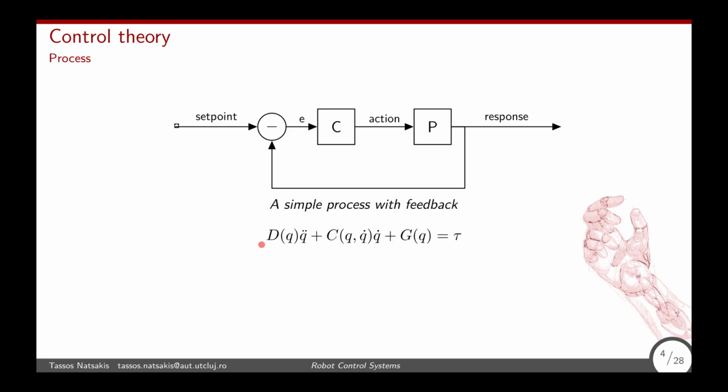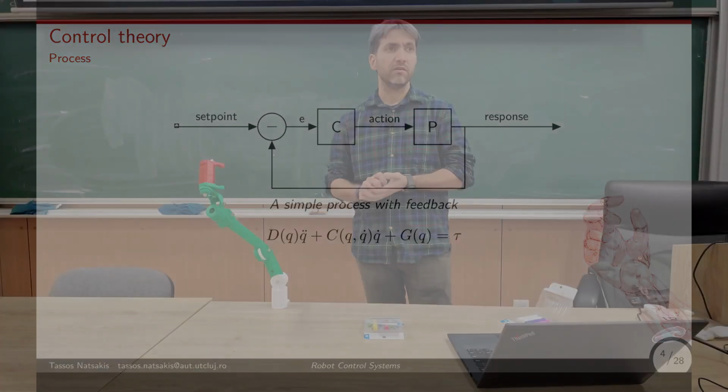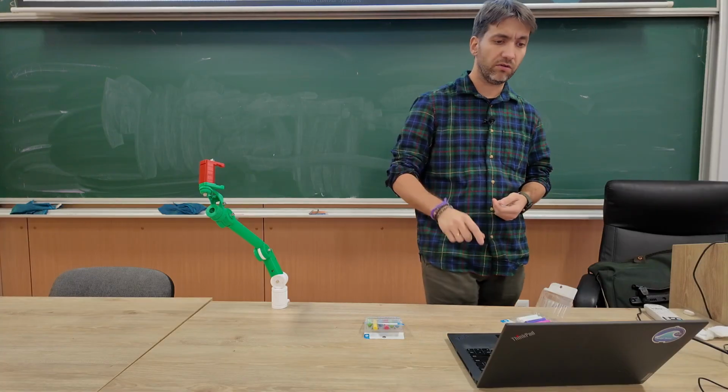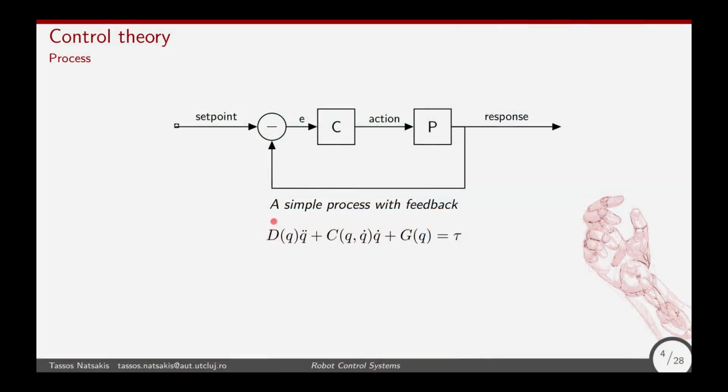And this is basically a process. What is this actually? This is not one equation, this is a system of equations, right? That's what we saw last week. It's a system of equations because these entities are matrices, C and D are matrices, and G, tau and q dot are vectors.